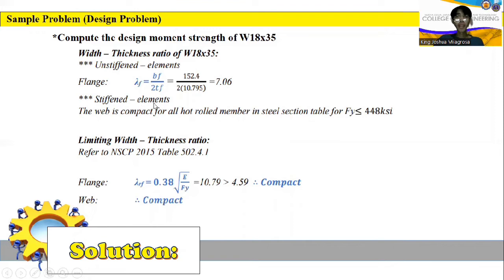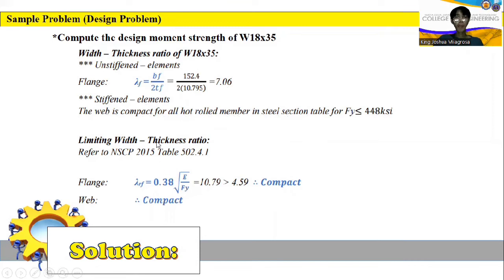So for stiffened elements naman, so since yung beam natin is hot rolled, so the web is compact for all hot rolled member in steel section table for Fy is less than or equal to 448 KSI.